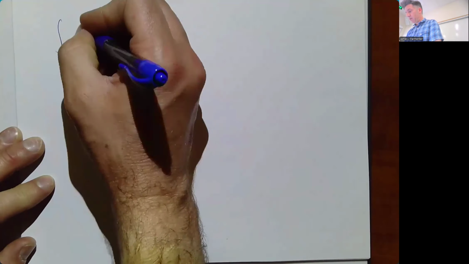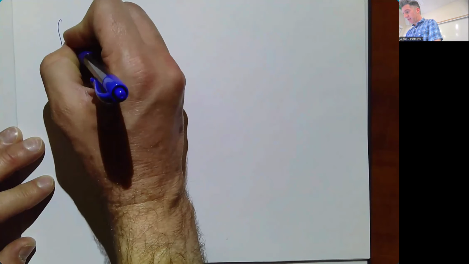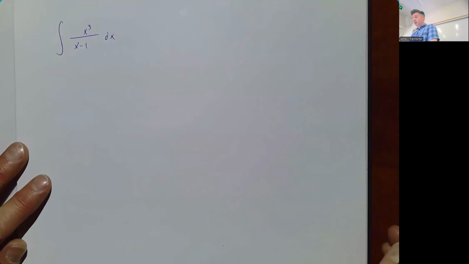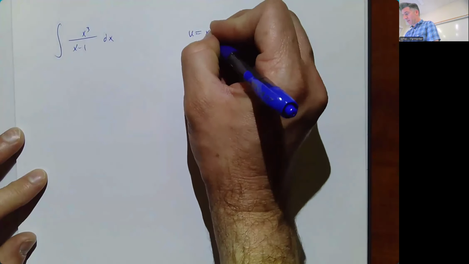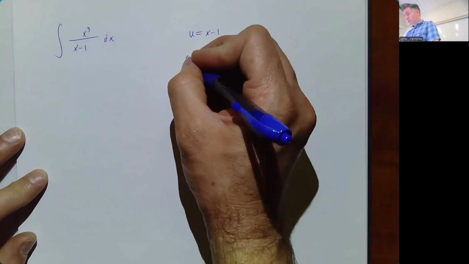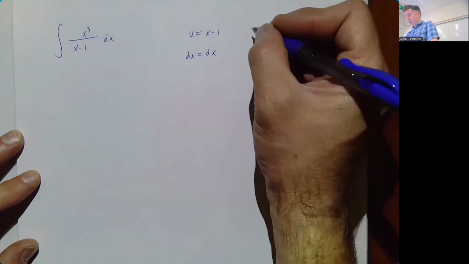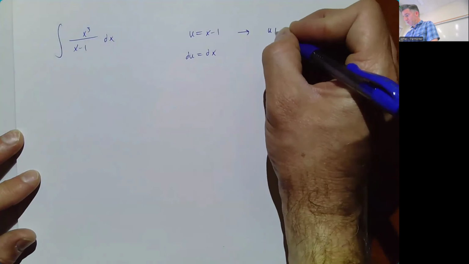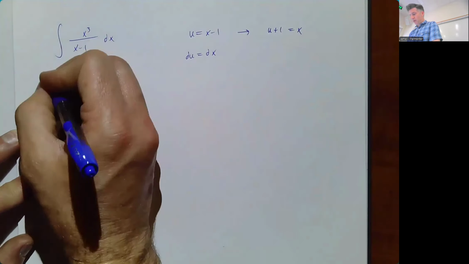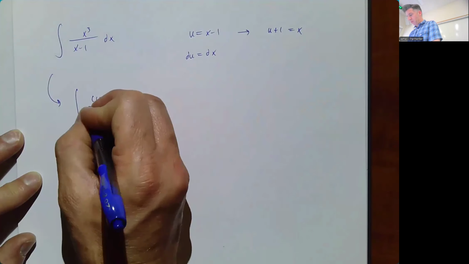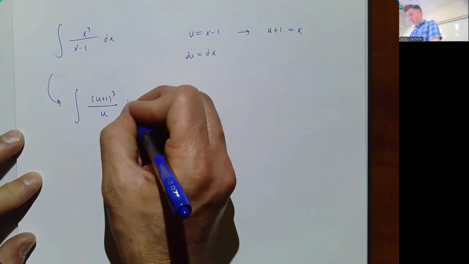So this integral here of x cubed over x minus 1 dx, you can also do a u sub with a back sub here. If you let u equal x minus 1, your du is dx, and then your x is equal to u plus 1. So you can rewrite this as the integral of (u plus 1) cubed over u du.